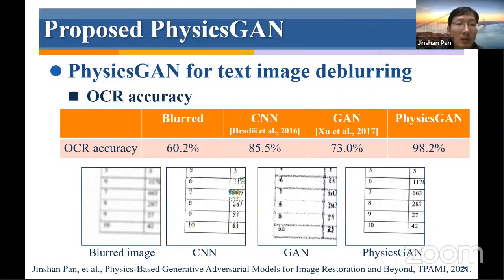And we can see that the GAN-based methods generate results with lower OCR accuracy values than the SIN-based methods. And this further demonstrates that the GAN-based methods introduce fake contents during the restoration process. In contrast, the OCR accuracy is improved significantly by exploring the physics model in the GAN framework.